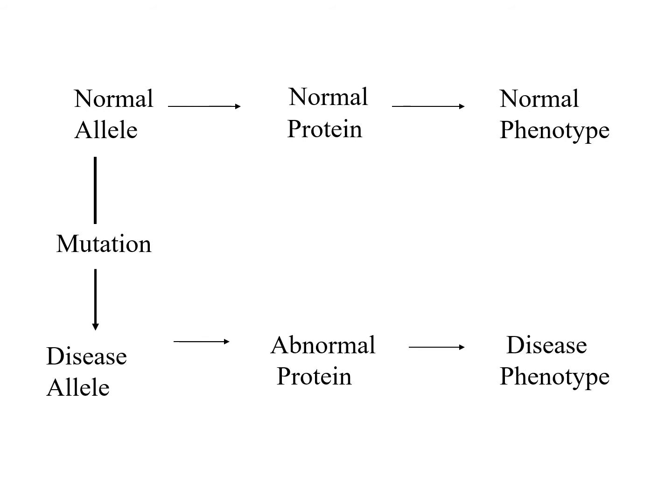But a mutation in that gene creates a new allele that encodes a protein that doesn't function normally, and that results in a disease phenotype, right? So for each gene we're going to talk about, at some point in human history, a mutation occurred and a disease-causing allele was created.